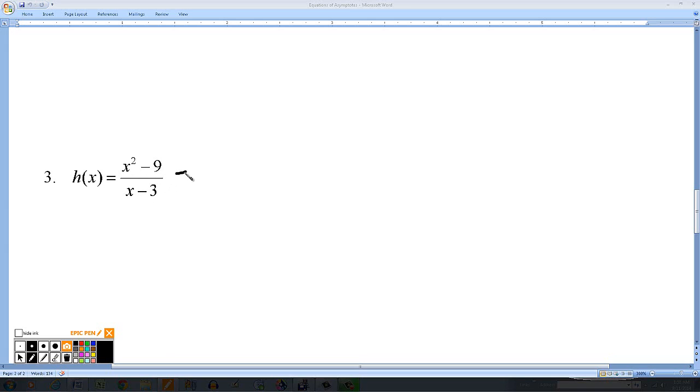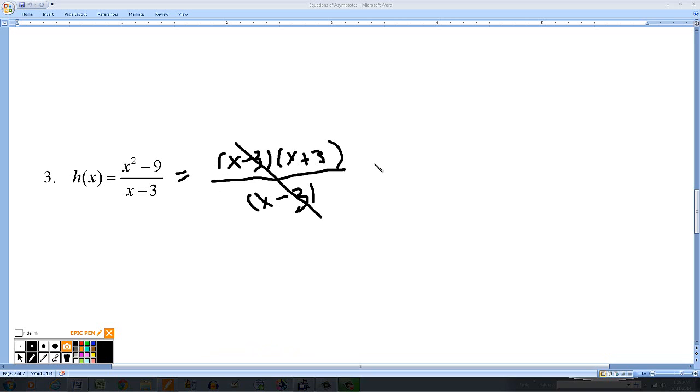So basically what you have to do here is reduce it. The numerator factors into x minus 3 and x plus 3, and I have an x minus 3 in the denominator. Okay, so these cancel out. The x minus 3's cancel out.